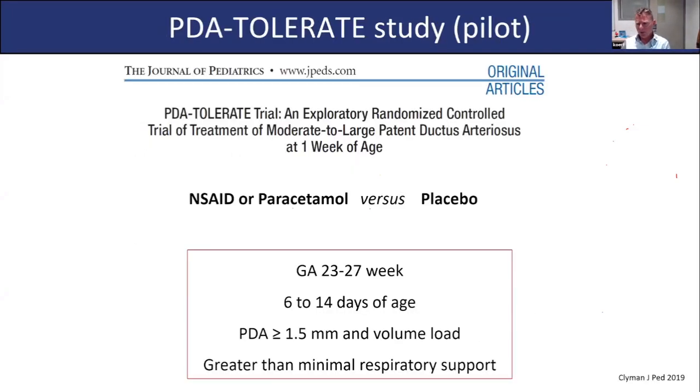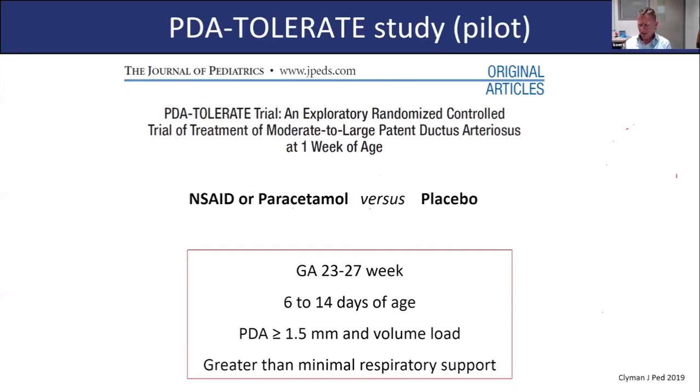The first is the PDA Tolerate study. It's a pilot trial by Kleiman and his group, which wanted to look at earlier versus slightly later, but particularly NSAID or paracetamol versus placebo in a group of babies which were of young gestational age, a little bit older, but that's the American way, 6 to 14 days of age, had a PDA with volume load on ultrasound, and had greater than minimal respiratory support, which is further defined in the paper.